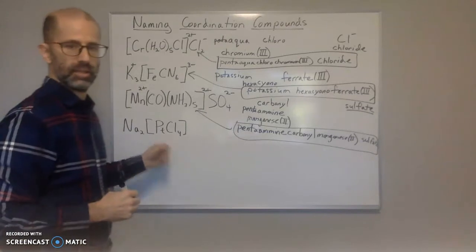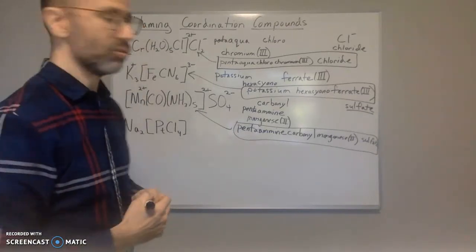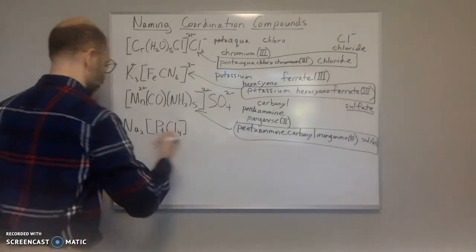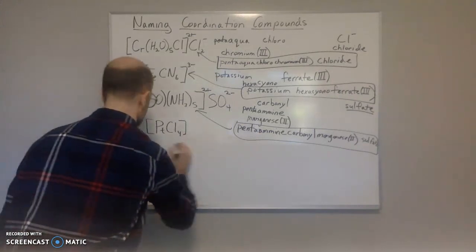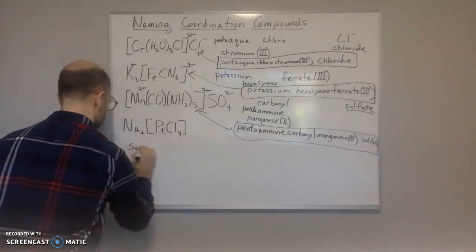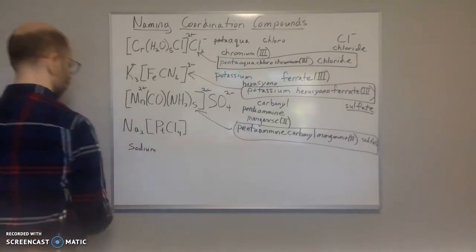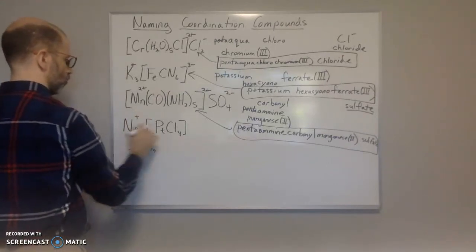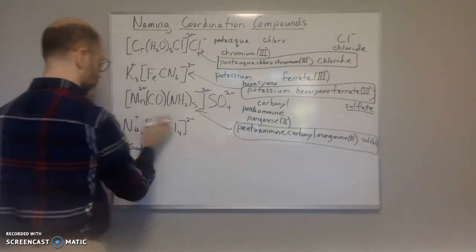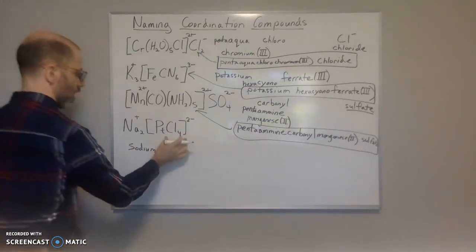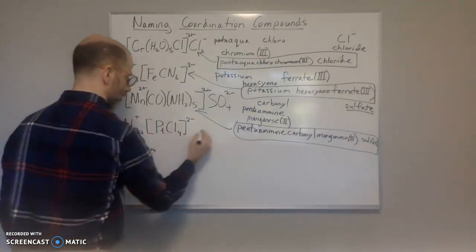And then finally, we're going to do this one. Again, sodium is first. Sodium has a 1+ charge. There are 2 of them, which means that this is going to be a 2- complex. We have 4 chlorides.